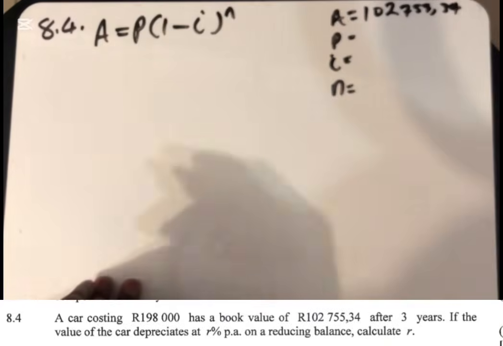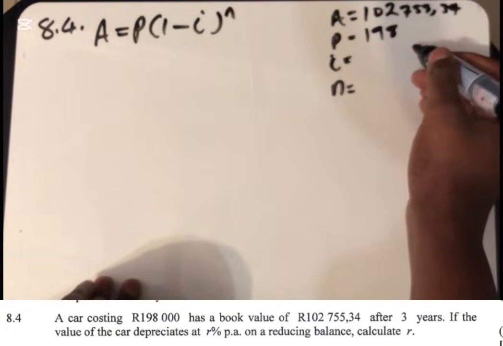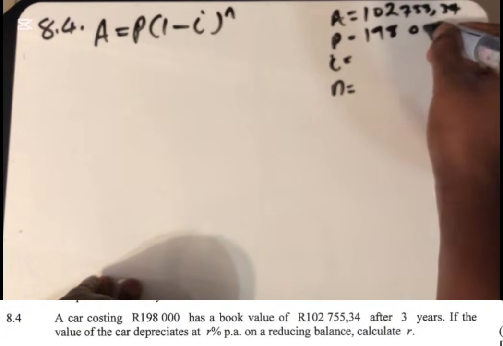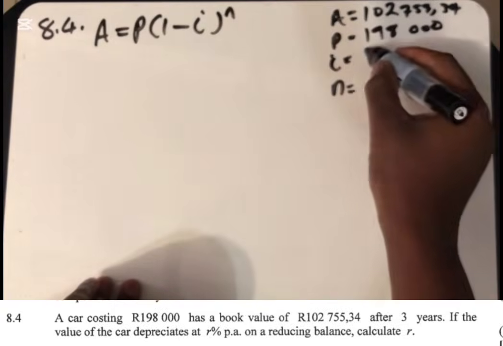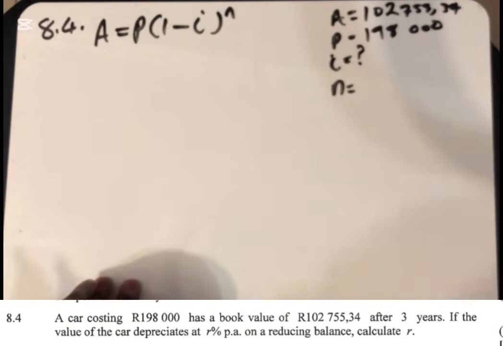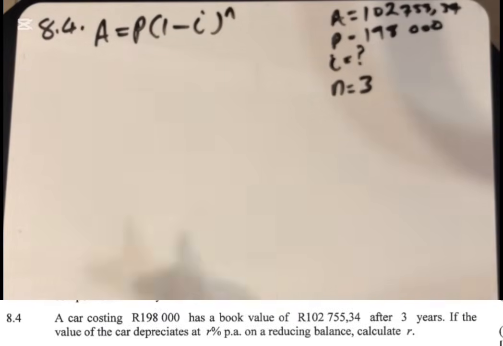They bought the car costing them 198,000. The interest rate is exactly what we are looking for. The period is 3 years, meaning that we are having 3 there.